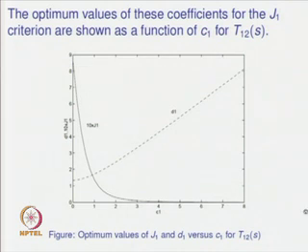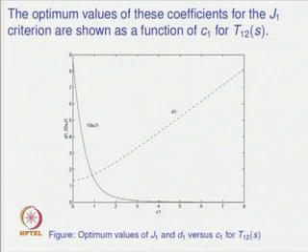Also, this figure shows the J1 value when the ISTE, integral square time error, criterion optimization is used to find the values for coefficients D1 and C1.